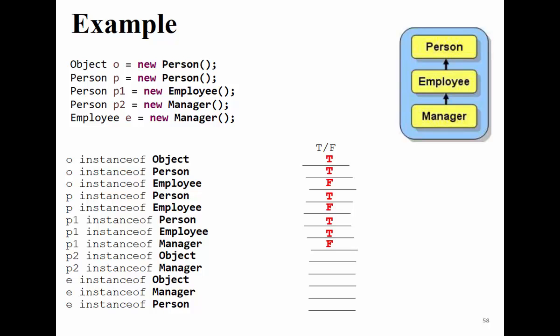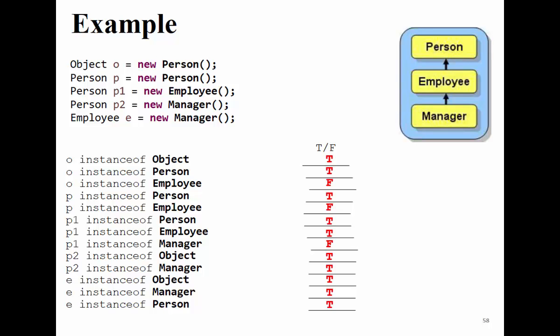Now P2 instanceof Object, it's an object, true. P2 instanceof Manager, true. Now E, which actually has Manager as its actual type, is an instance of Object. Manager is a subclass of Employee. Employee is a subclass of Person.